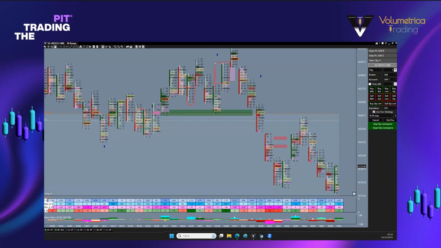Like here, you can see volume histograms are very tiny, not that impressive like this one, for example. Okay, and this is the first important information we have.